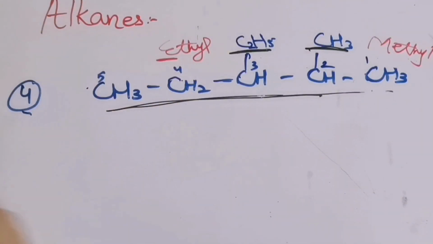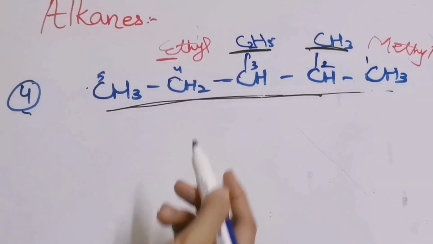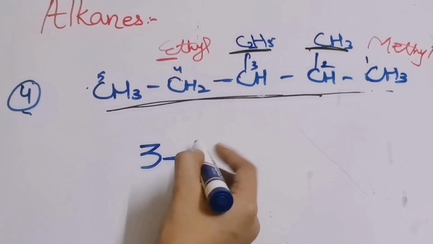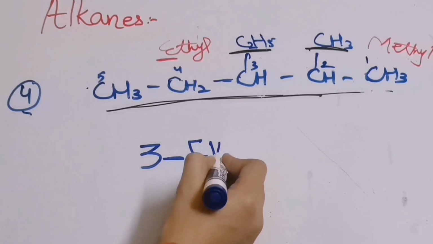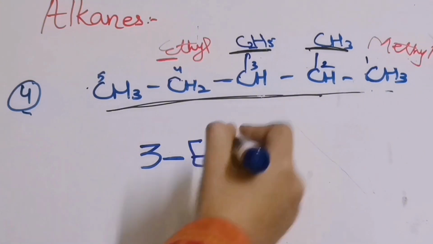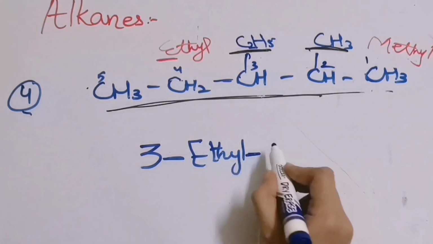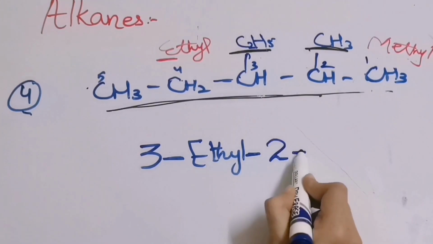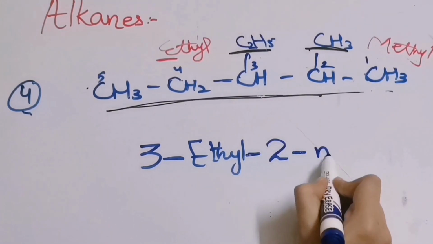So when writing the name, we will write ethyl first. First we will write the number. It will be 3. Then we will write the hyphen. Then ethyl. After that again a hyphen, and we will write 2. Then again a hyphen. Then we will write methyl.